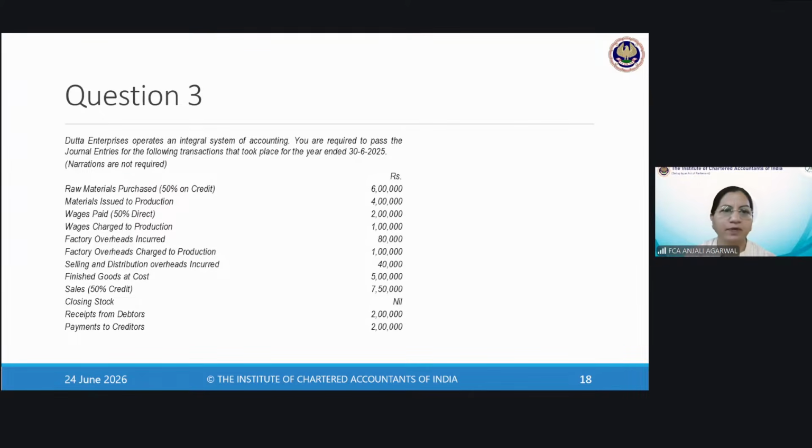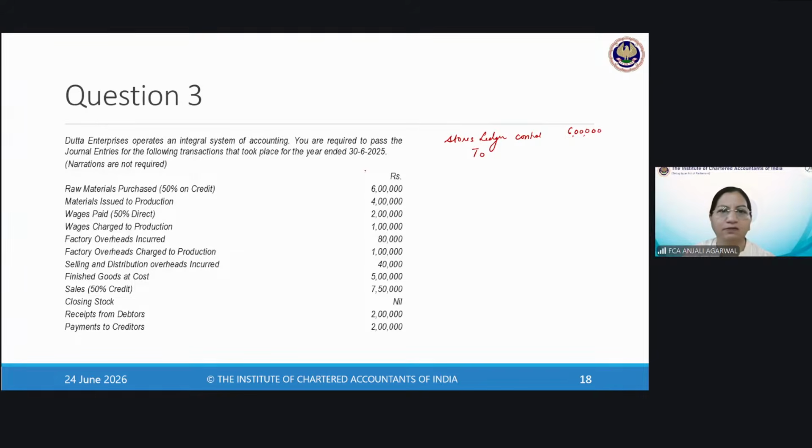Data Enterprises operates an integral system of accounting. You are required to pass the journal entries for the transactions. Raw material purchased 50% on credit. So you will have stores ledger control account debit. Put it directly in the stores. 6 lakhs.